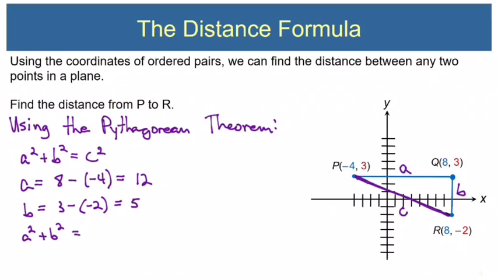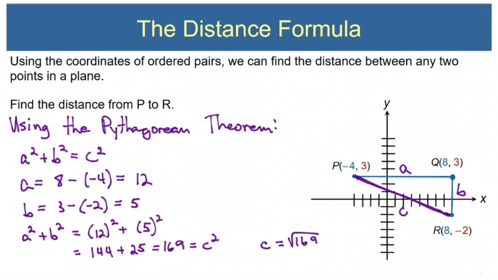Now let's plug that into our Pythagorean theorem, and we'll have a squared plus b squared is going to be 12 squared plus 5 squared, which is 144 plus 25, and that adds up to 169. Now 169 is equal to c squared. So to find the value of c, we would need to take the square root of both sides. Now you may remember that I made a big deal earlier about when you take the square root of both sides, make sure you insert the plus minus symbol.